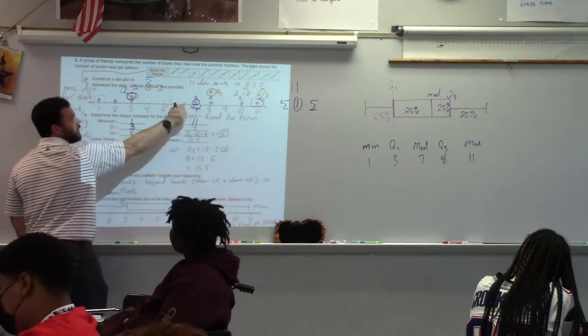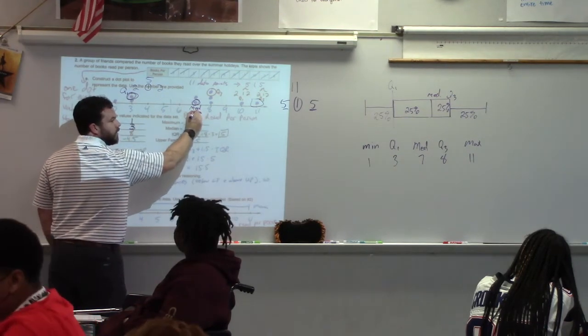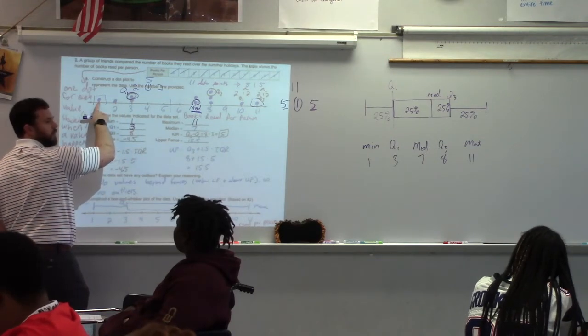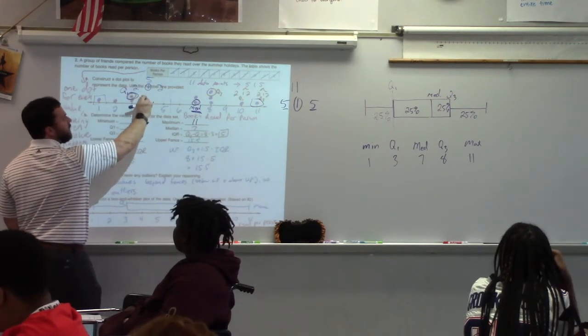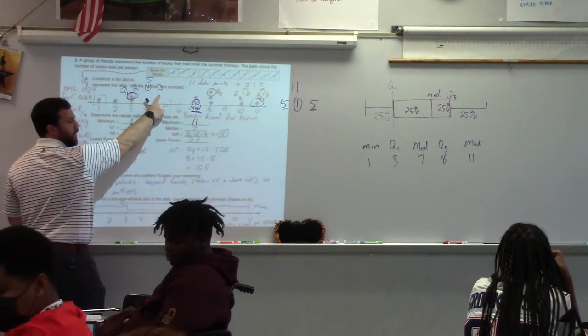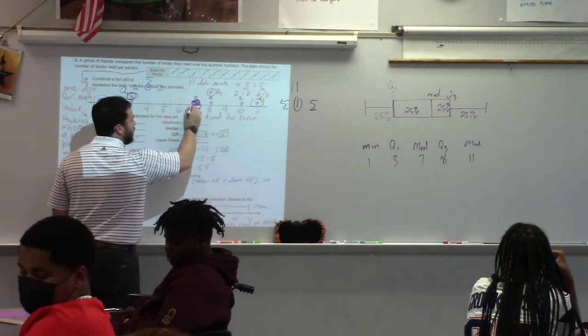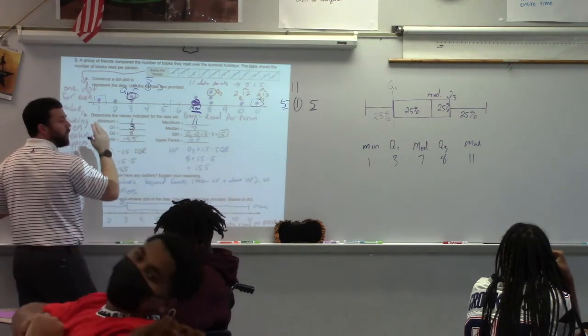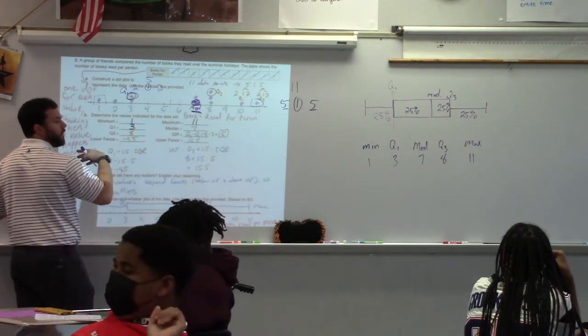If this is my median, that means there's 1, 2, 3, 4, 5 points below it. And so I need to split that 5 up so I can identify the first quartile, 2, 1, and 2. Or you could ignore this and just look at those data points and say, I need 2 points above it and 2 points below the first quartile.